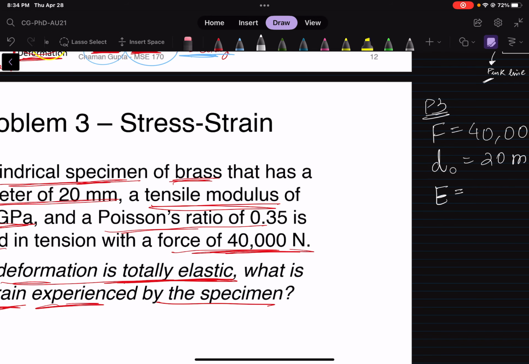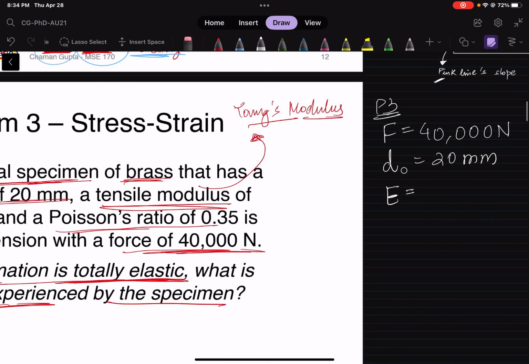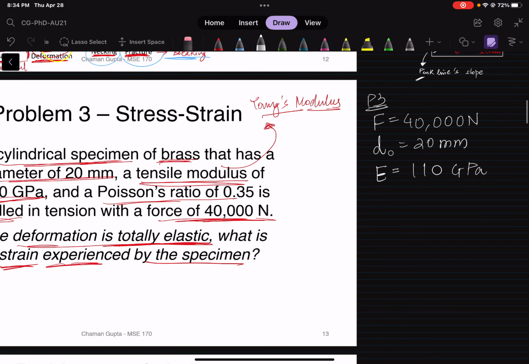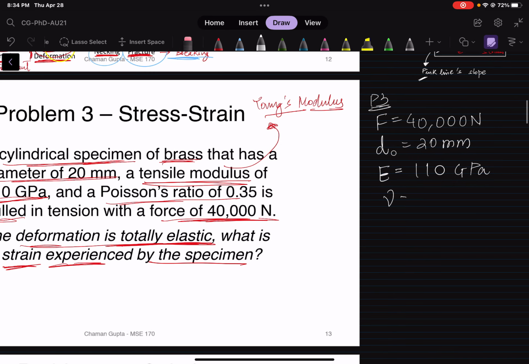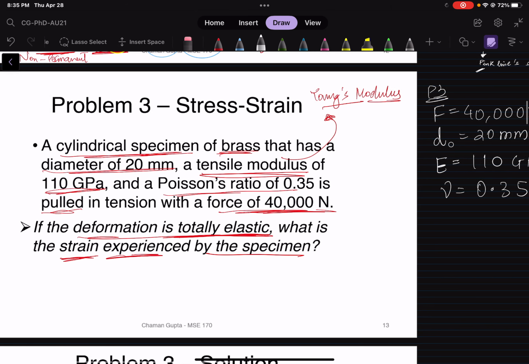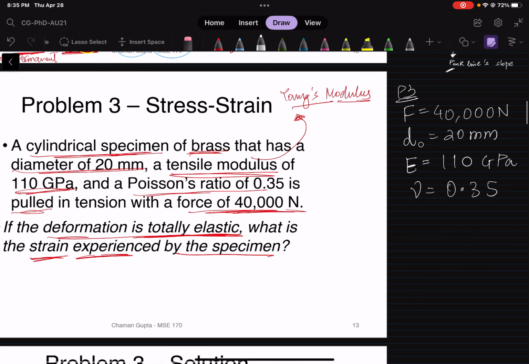Tensile modulus, also referred to as the Young's modulus, equals 110 gigapascals. Pascal is the unit of pressure, and this is gigapascals. Then I also give you the Poisson's ratio as 0.35.